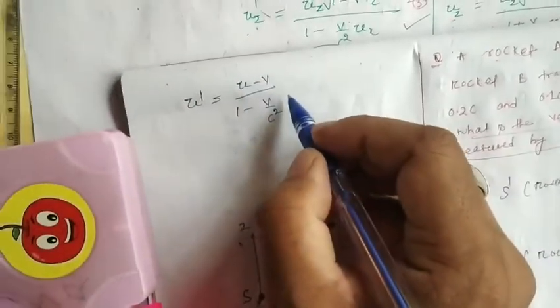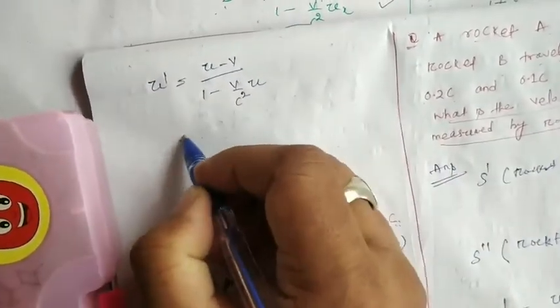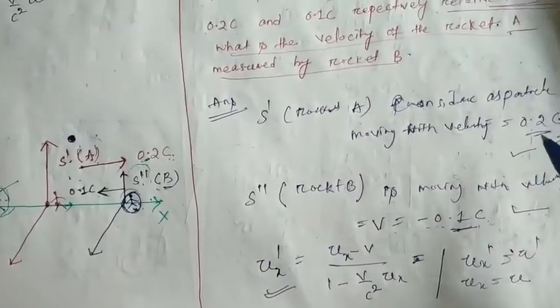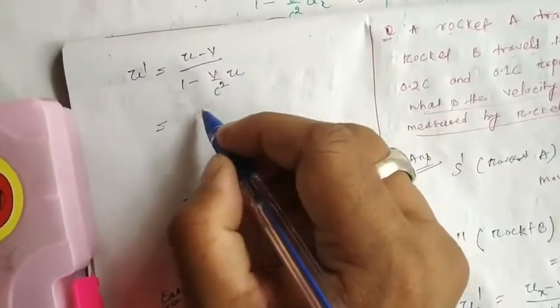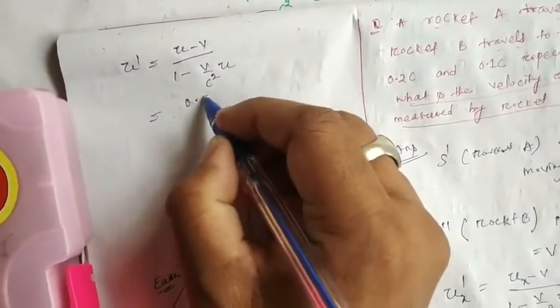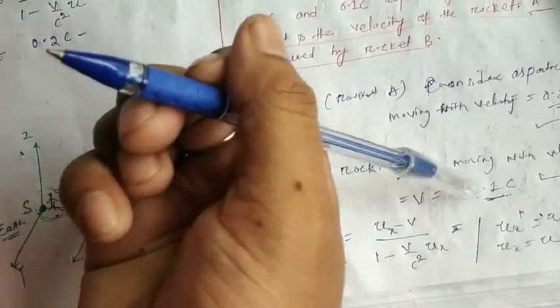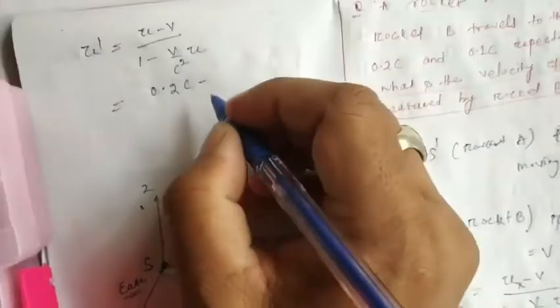All the values have been given here. u is nothing but your 0.2 c, minus v, which is minus of minus 0.1 c, so it will be plus 0.1 c.